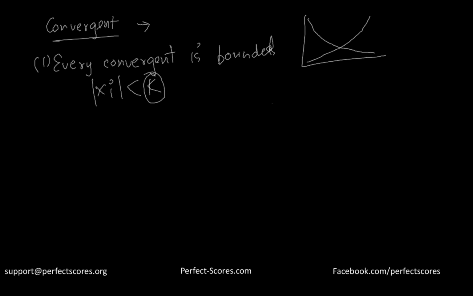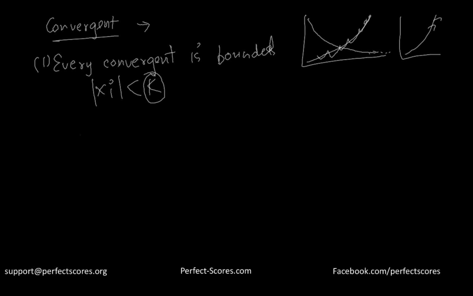Well, that is not true for a divergent series, because a divergent series can keep on going. This is not a divergent series, this is a convergent series, which converges to a particular value. But on the other hand, a divergent series will just keep on increasing. You cannot bound it by a particular constant. But the reverse may not be true.